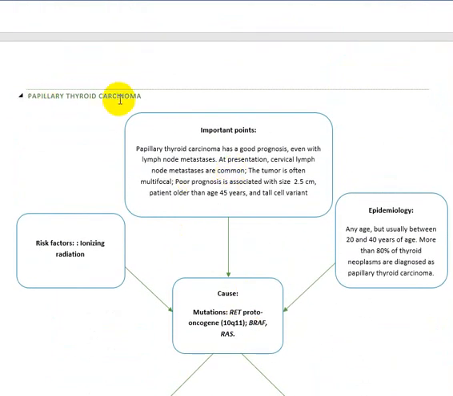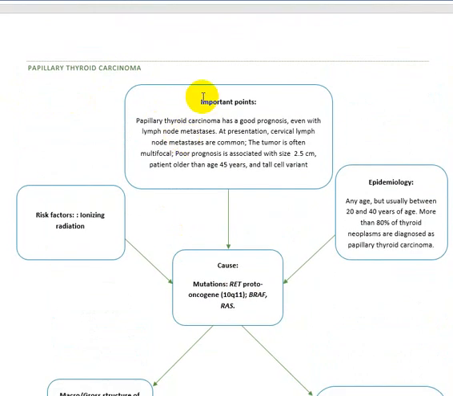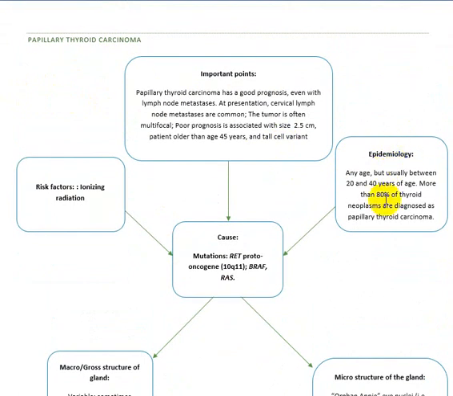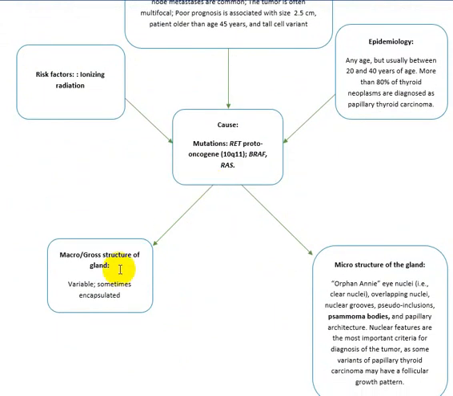Now, for papillary thyroid carcinoma, here you are going to have the epidemiology of the disease. Here you are going to have the risk factors. Here you are going to have the macro growth and structure of the thyroid and the microstructure of the gland.